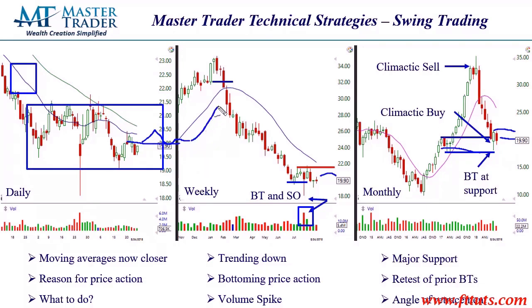And now it's developed to where prices could move up into what should be a void, which was created over time, and these moving averages are going to start flattening out to where the 20 starts to inch up over the 50. So as this picture evolves and we see what's happening on the higher time frames, it points to us as to why it's happening and provides us with an opportunity to trade long.